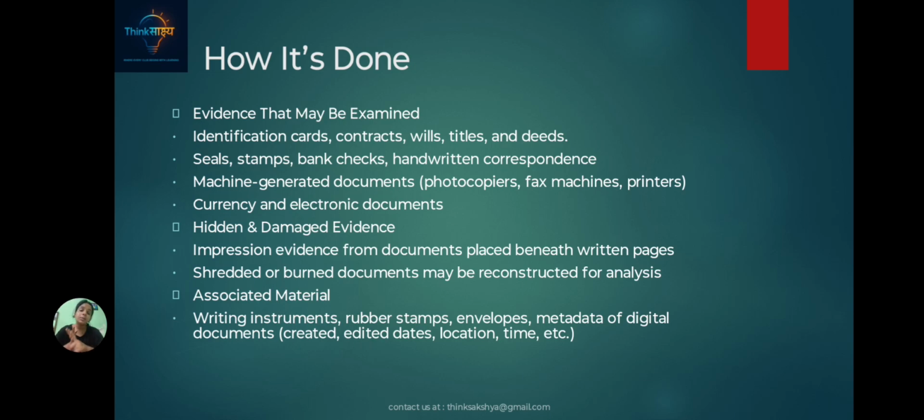Now, along with these documents, the instruments used to make those writings or recorded matter are also examined, for example seals, stamps, bank checks, handwritten correspondence, etc. Then come the photocopied or machine-generated documents. These include photocopies, fax machines, printers, or scanned documents. There are also some electronic documents which can be examined as evidence.